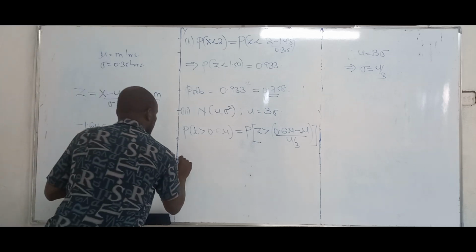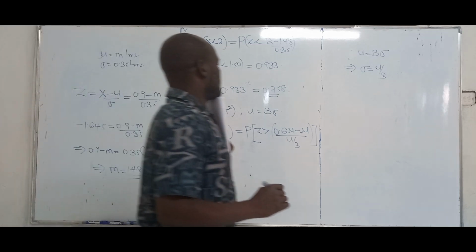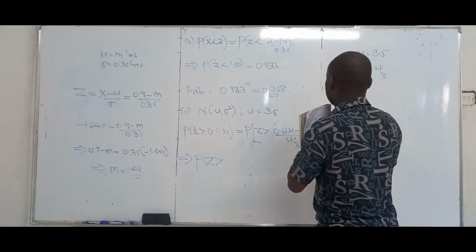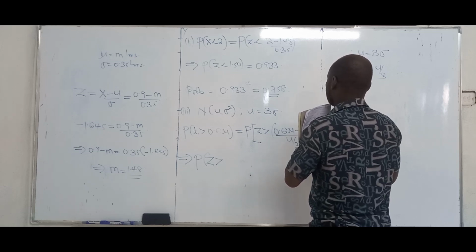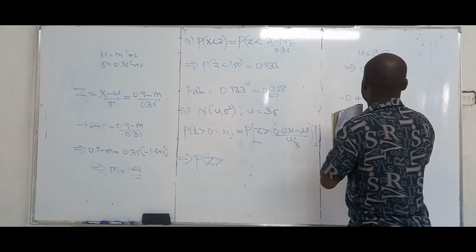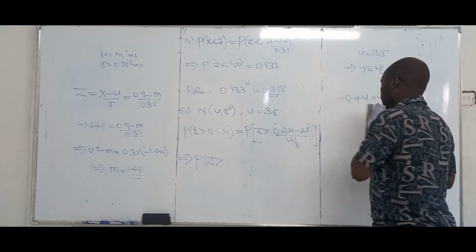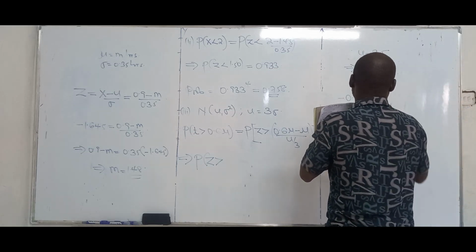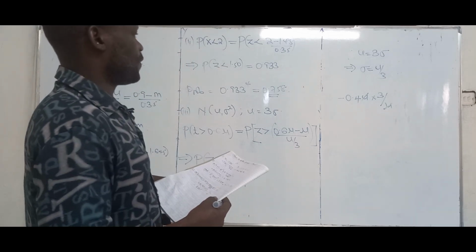Then I need to simplify. That should then give me the probability that Z is greater than minus 0.4U times 3 over U. So this cancels with this, and we end up with negative 1.2.